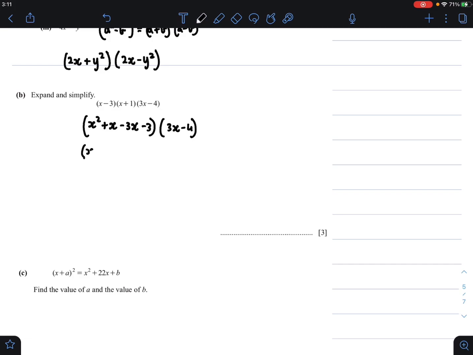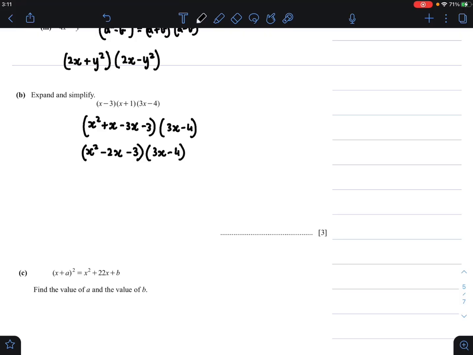So x square minus 2x minus 3 will be multiplied by 3x minus 4.